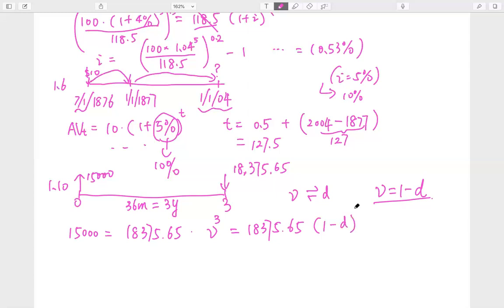So this is 1 minus d to the third. Okay. So from here, obviously you can divide this to the other hand side, and then take 1/3. Then this will cancel this, right? Then d equals 1 minus copy 1/3. Okay. What is the result? I have the result is roughly 6.54.